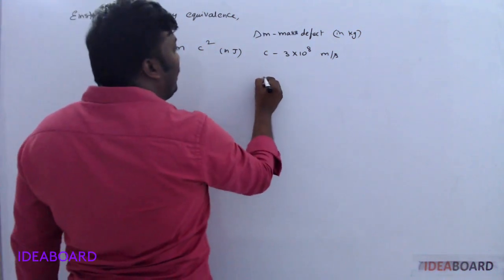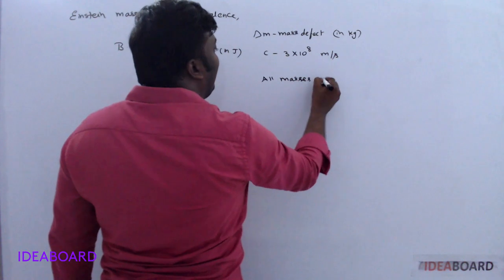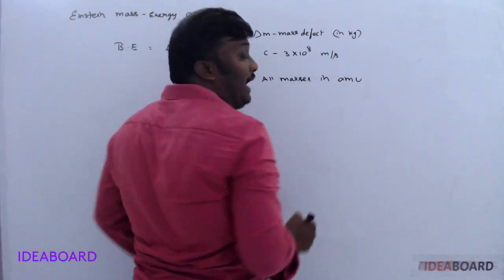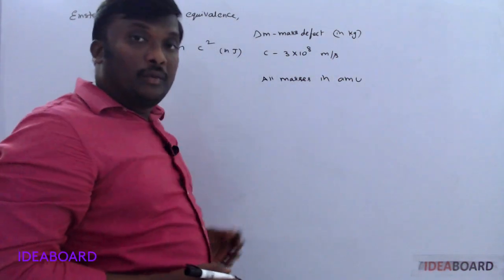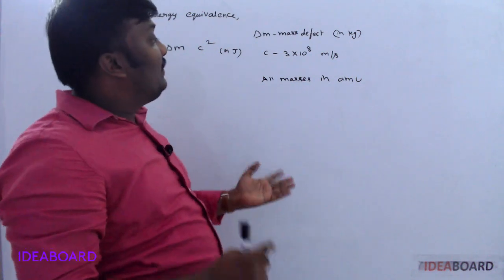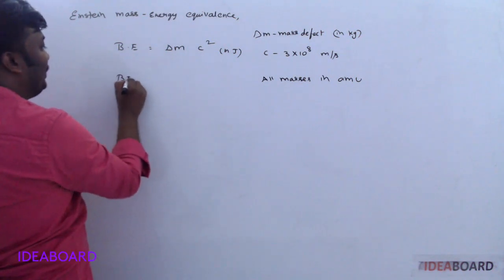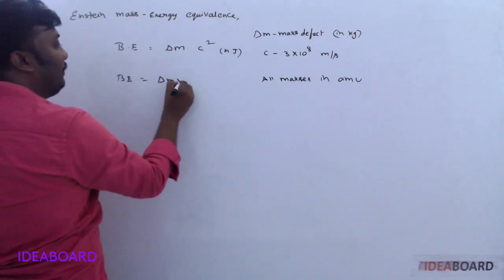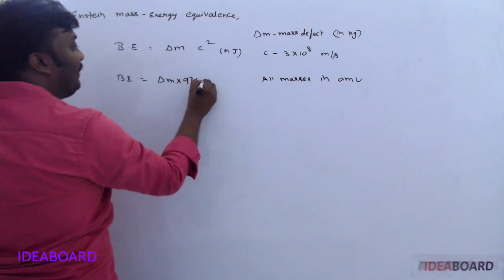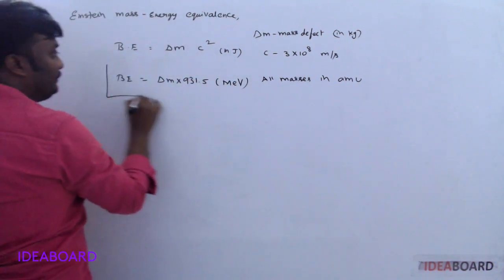If all masses, the mass of the proton, the mass of the neutron, and the actual mass, are given in AMU, atomic mass units, then the formula for the binding energy is delta M into 931.5 million electron volts.